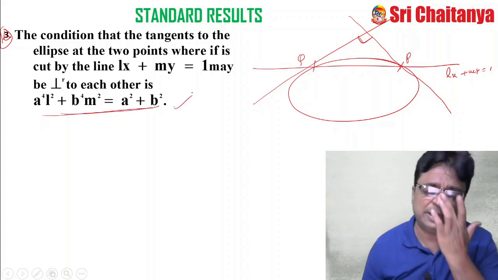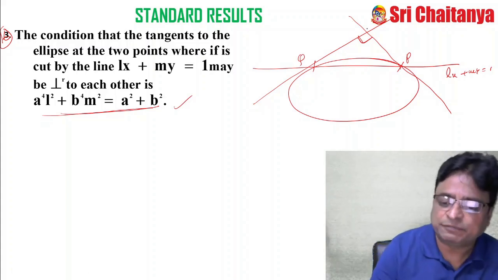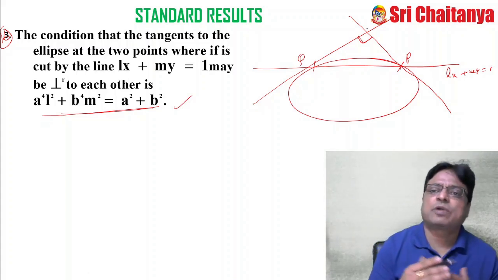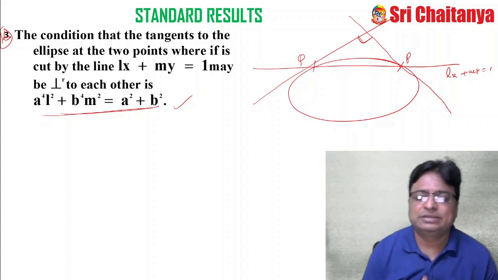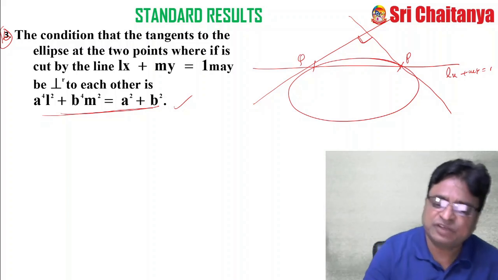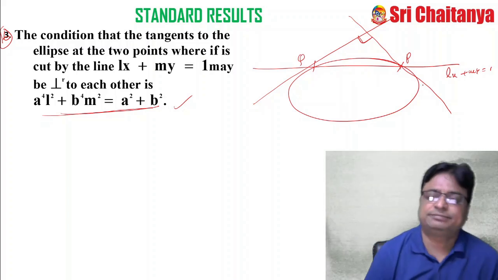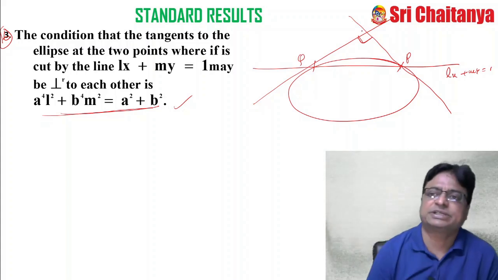So indirectly, what I am doing is, if two lines are perpendicular, then what? Product of the slopes is -1. Okay, but my question is, these are the pair of tangents drawn from some point of intersection.